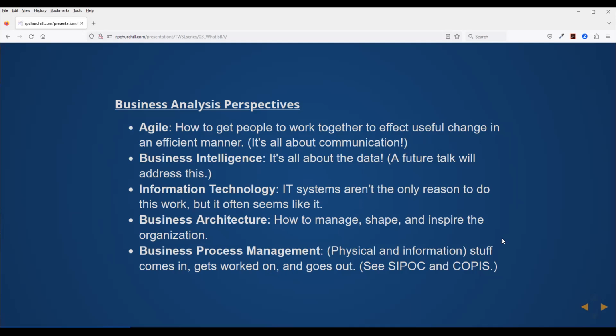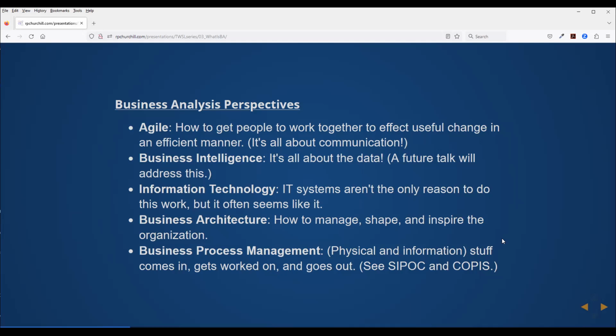It is too much a cottage industry of consultants and techniques that kind of miss the point. It's really all about communication and adaptability. That's in the end what it's about. So business analysis can certainly be viewed from that perspective.